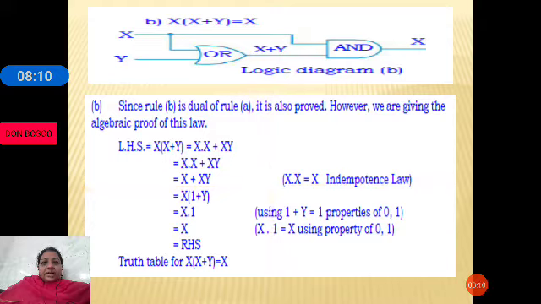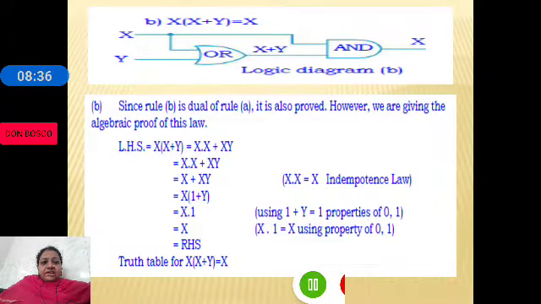So, let us have a look at the algebraic method, where we are proving the second absorption law, which says that if a variable is ANDed with x plus y, it is same as the variable.